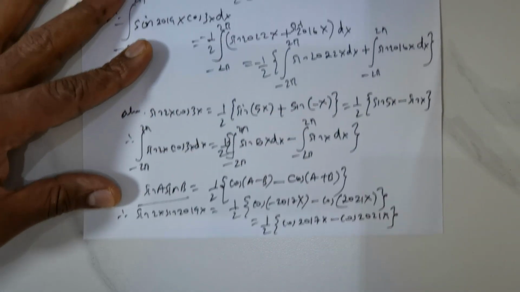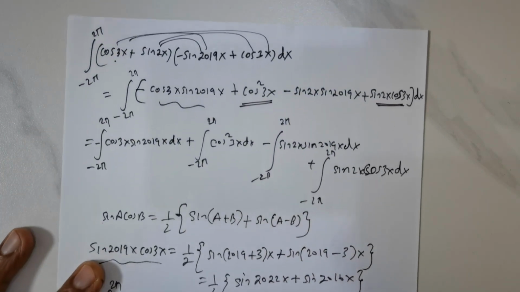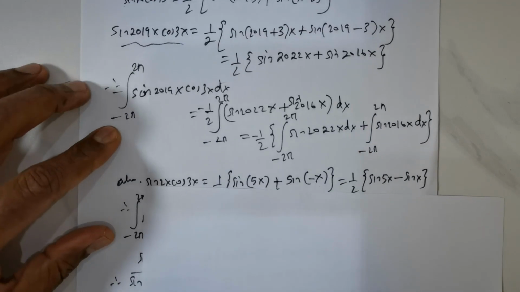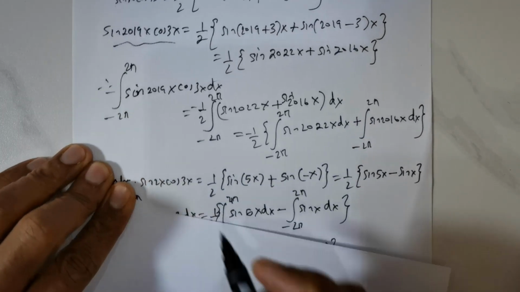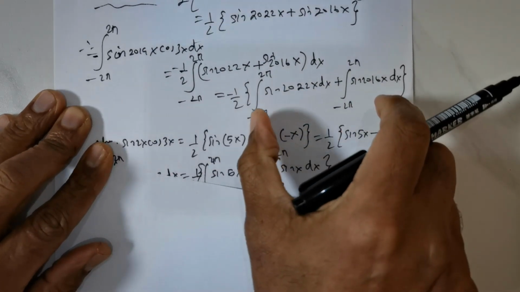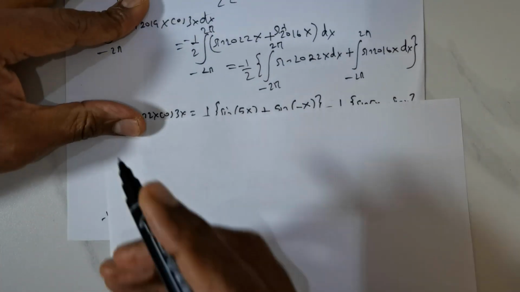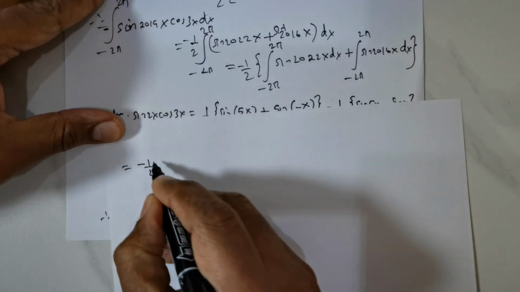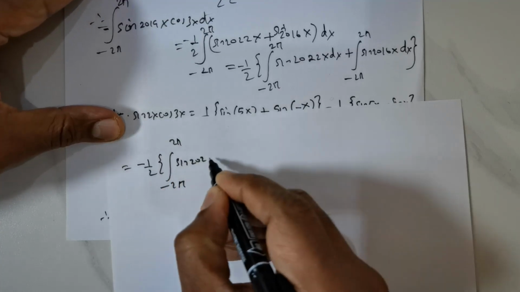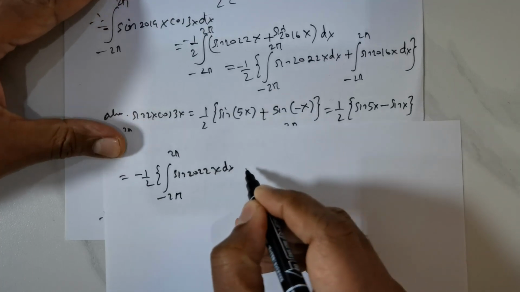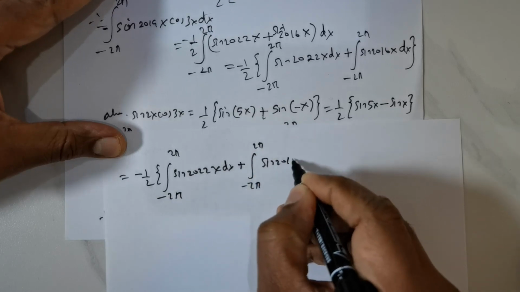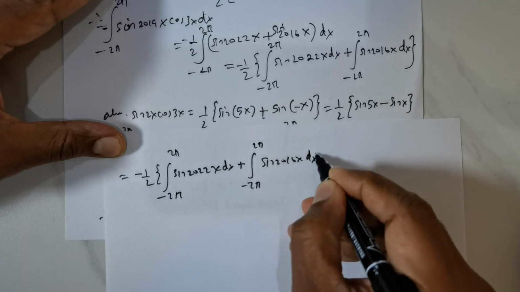Now I need to go for a new sheet of paper. Okay, so let me get that. Now in place of this quantity, I have to place the quantity over here. So let me place the negative sign. So this is equal to this. So the first quantity is got. This is equal to negative 1 over 2 times the integral from negative 2 pi to 2 pi of sine 2022x dx, positive the integral from negative 2 pi to 2 pi of sine 2016x dx.